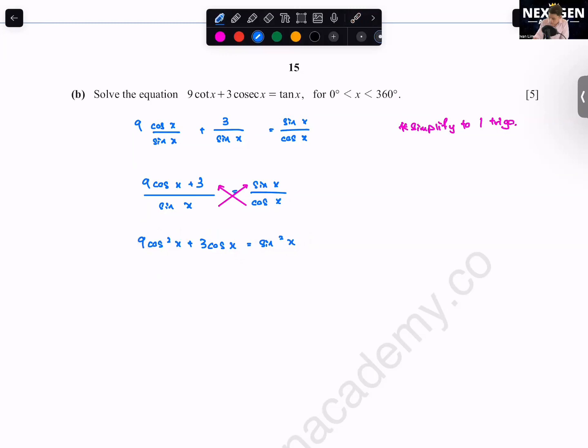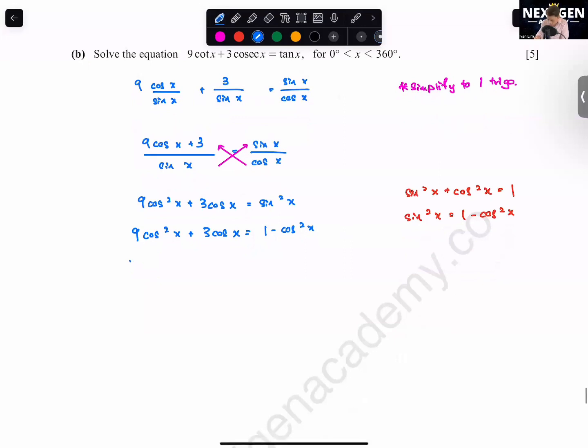Here we use the identity sine square x plus cos square x equals 1, so sine square x equals 1 minus cos square x. Let's change that: 9 cos square x plus 3 cos x equals 1 minus cos square x.